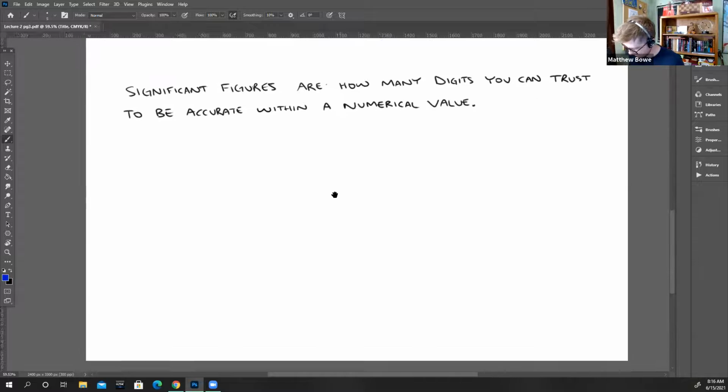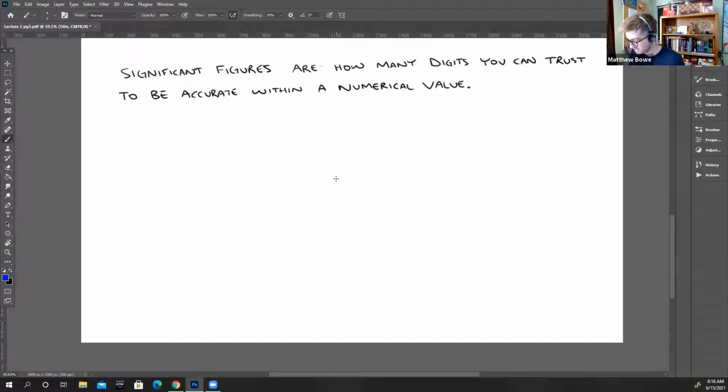So I'll write out some examples and then I'll do a little clarification of what I mean. So we have this value right here. I'm just going to say 25. That has, let's count them, 1, 2 significant figures. Pretty easy. 2 sig figs, usually what they're called.